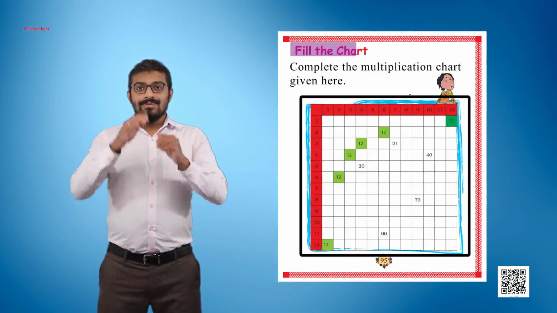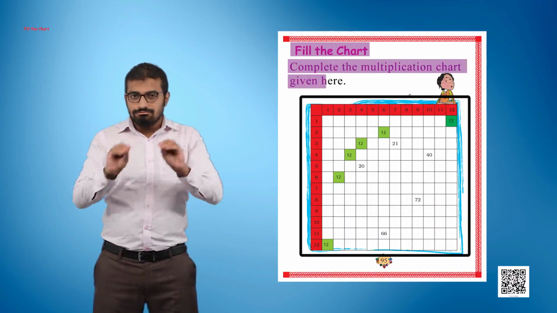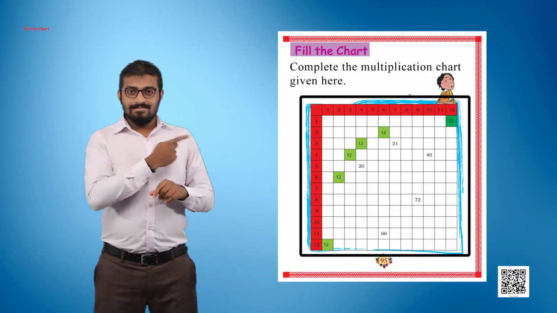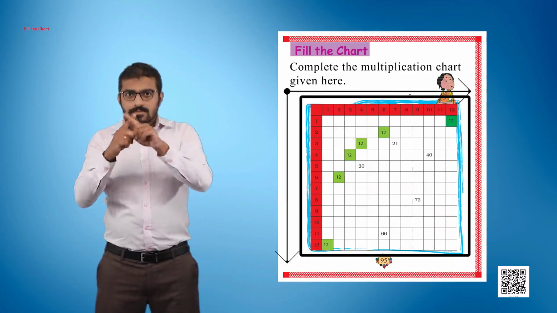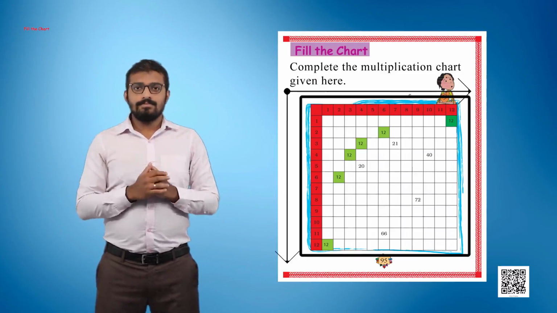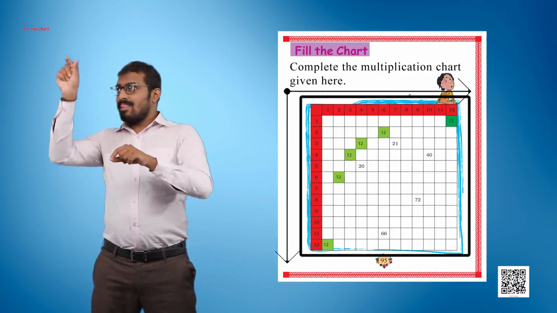Fill the chart. Complete the multiplication chart given here. The chart comprises a sequence of numbers from 1 to 12 going from left to right horizontally and top to bottom vertically. The first cell of this table or chart is a cross.